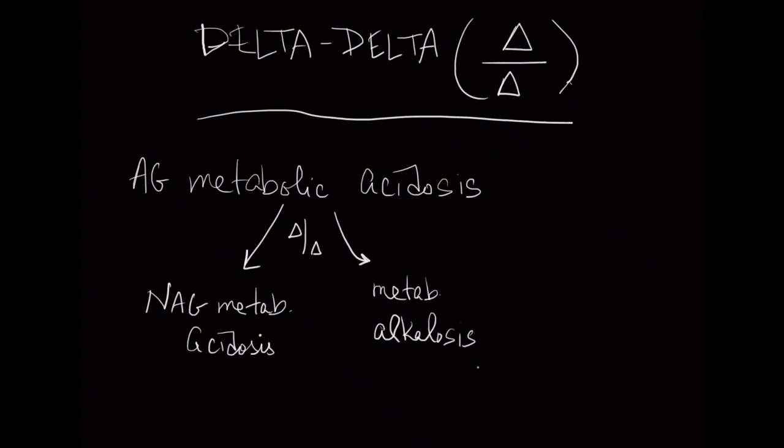Now let's clear the screen and walk through real quickly the premise behind the delta-delta. The premise is as follows. If you have an anion gap acidosis, you have an organic acid, which I'm going to label as HA. The A could be a lactate, beta-hydroxybutyrate, salicylate, etc. And this organic acid is going to liberate a proton, which is why it's an acid.